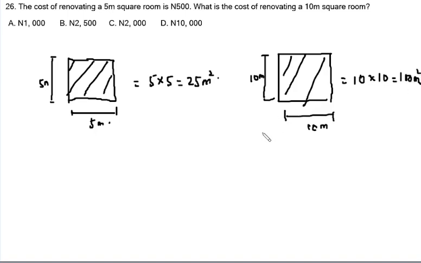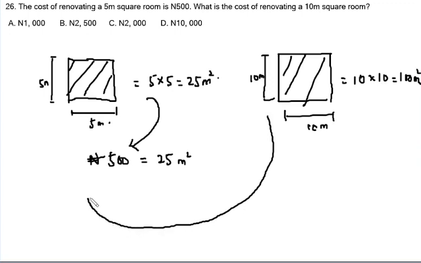So if the 5-meter square room costs us 500 naira to renovate for an area of 25 meters squared, then we're looking for how much the 10-meter square room, which is x naira because we do not know, will cost us for renovating 100 meters square.